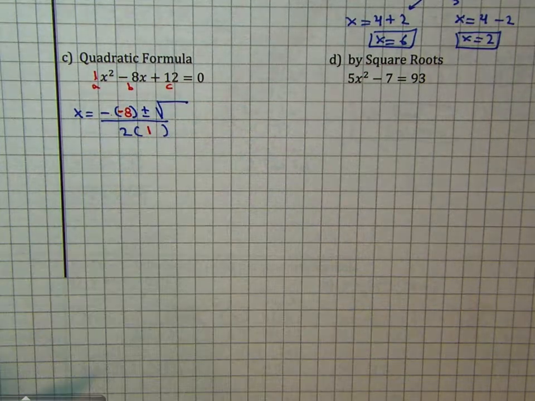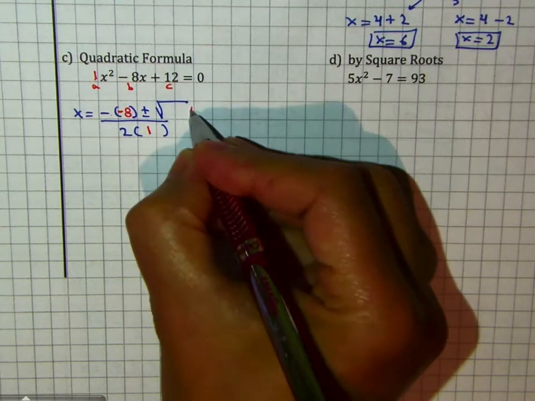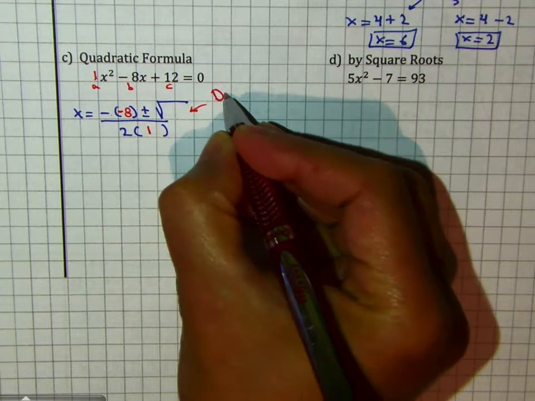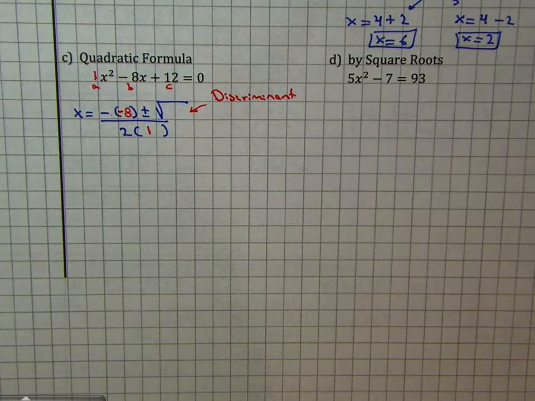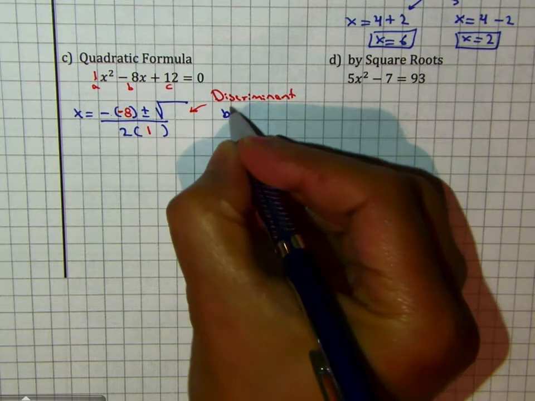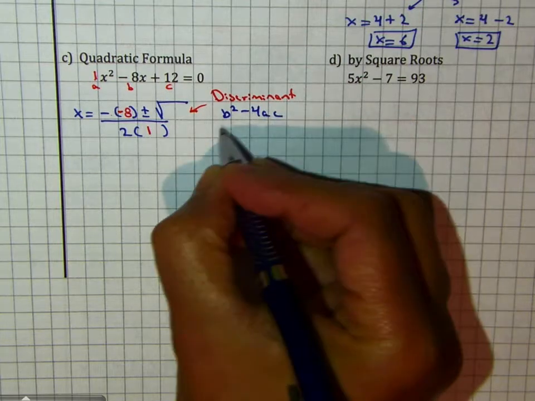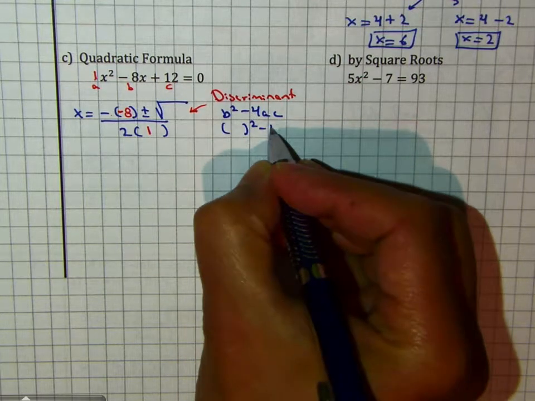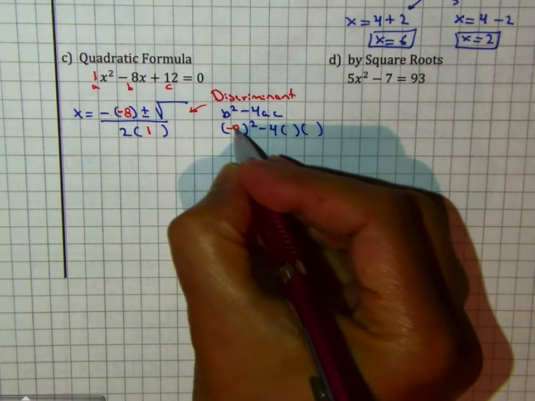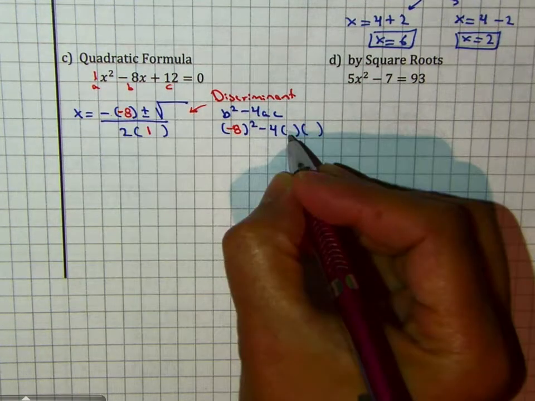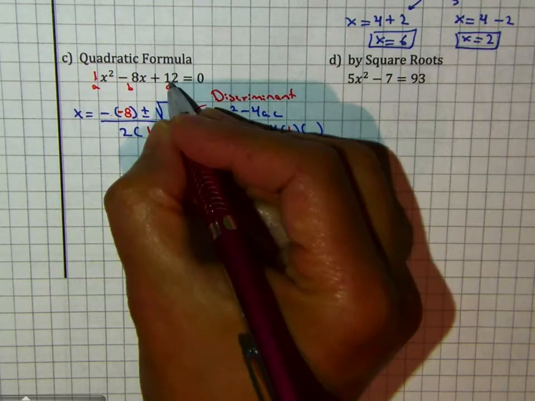Now, inside the square root will be my discriminant, which is b squared minus 4ac. And I'm going to say that b squared minus 4ac, where b is negative 8, a is 1, and c is 12.